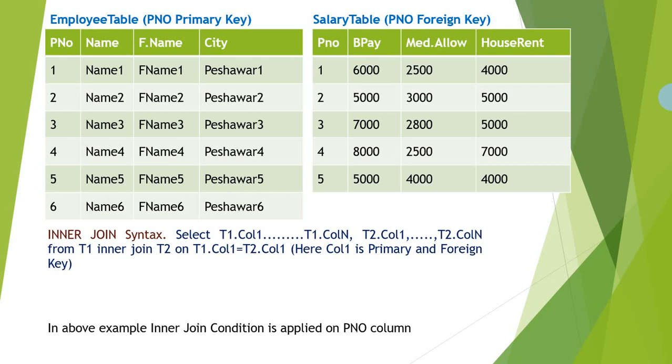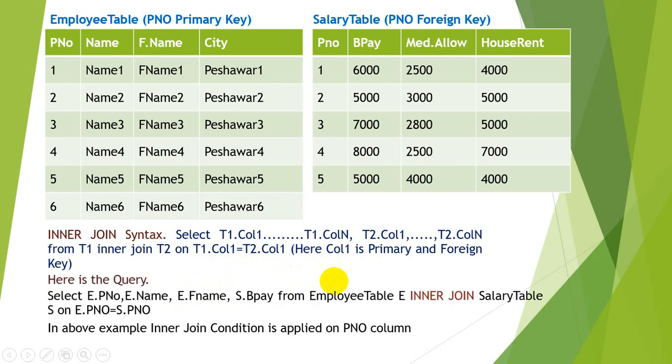We want to join these two tables on which condition? ON t1.column1 is equal to t2.column1. t1.column1 is the primary key in the first table and t2.column1 is the foreign key in the other table. Here column 1 is the primary and foreign key.